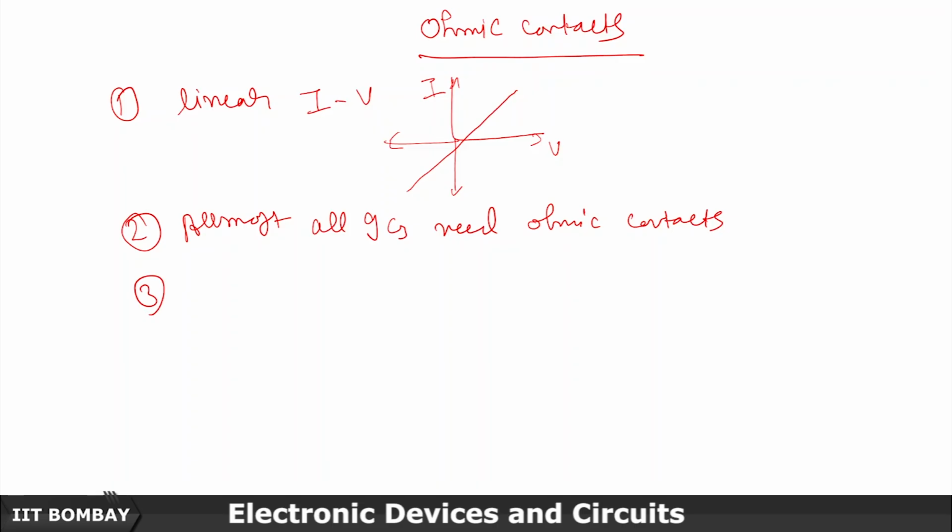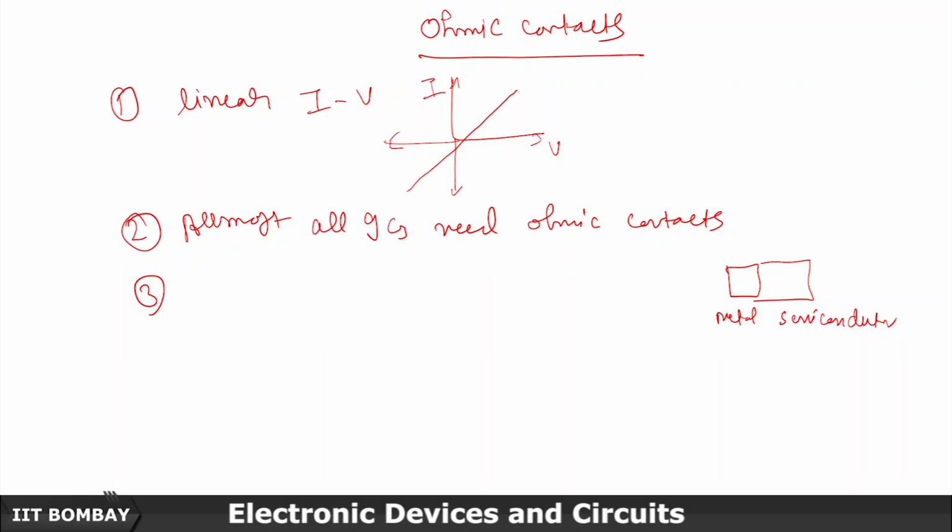Third thing is that when a fusion between metal and semiconductor happens, let us say this is metal and this is semiconductor, under what condition will an ohmic contact form? We already discussed rectifying contacts for the metal and semiconductor case.